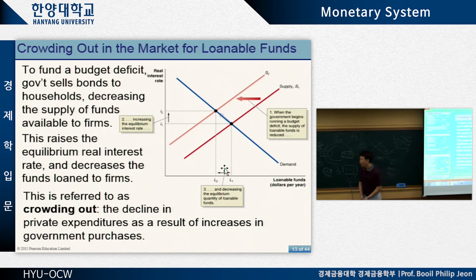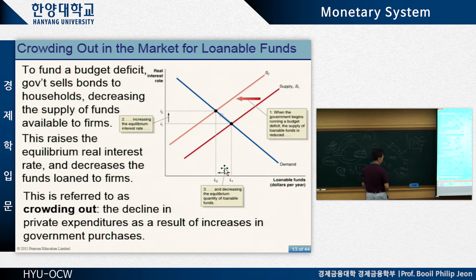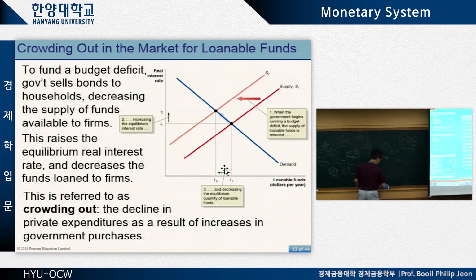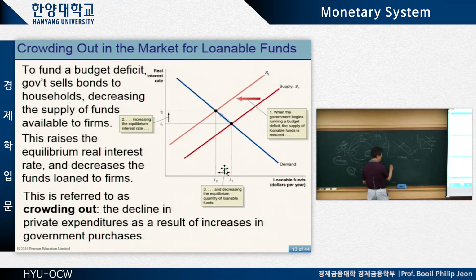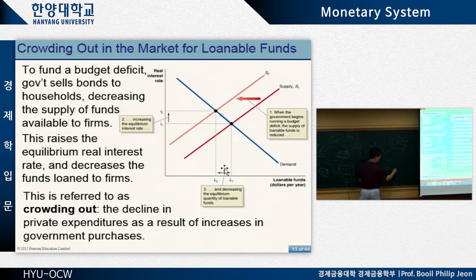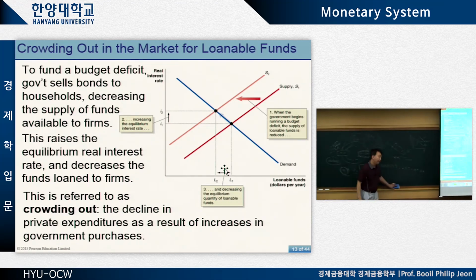Okay? So the situation will be like this. Here we have real GDP, which we call Y, is C plus I plus G plus net export, right?